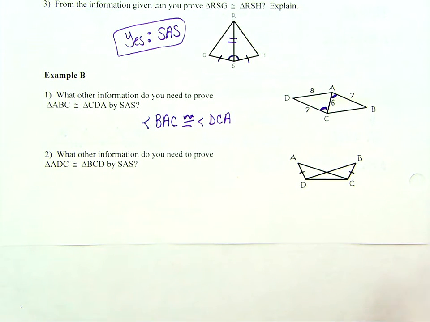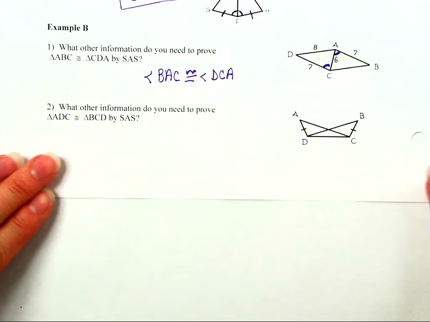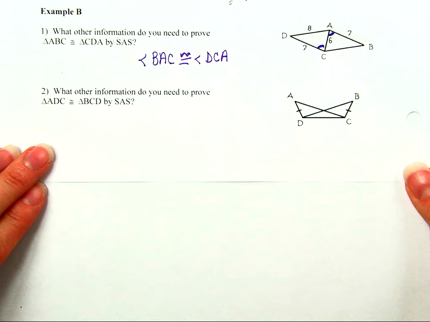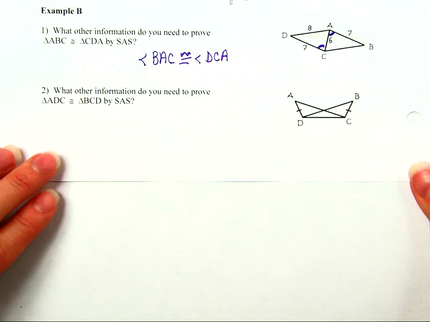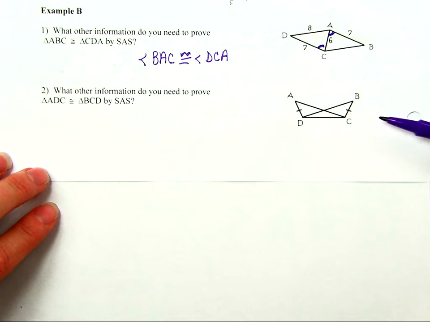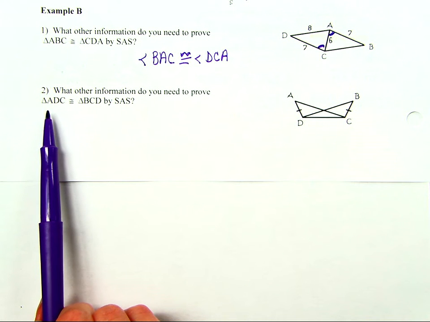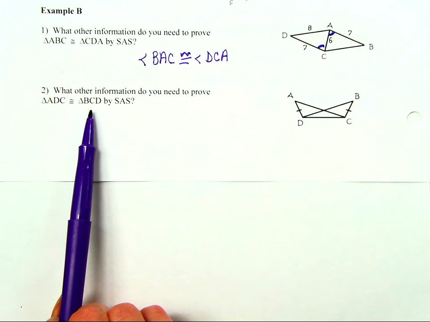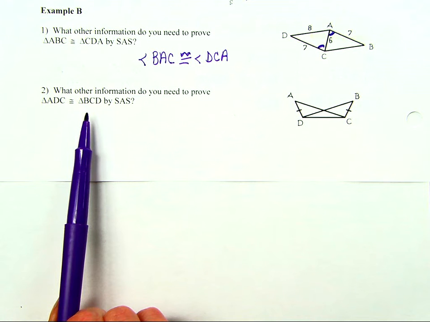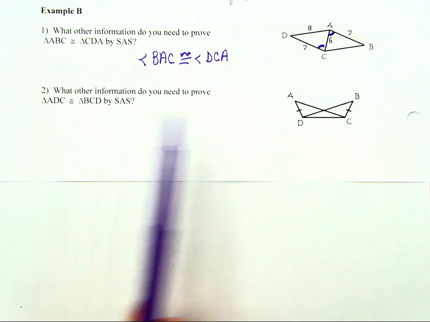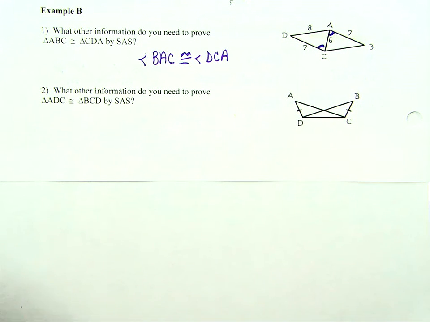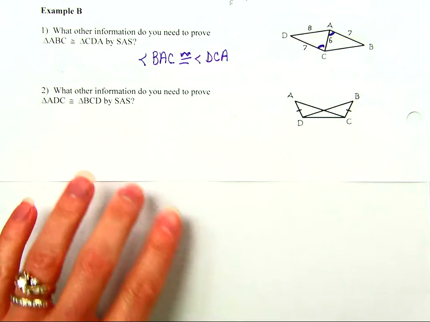In question number 2, I see they're asking me to prove triangles congruent by SAS. Now in this type of diagram, I see many triangles. And so I need to make sure that I go over to my statement and see which ones they are talking about. They want triangle ADC and triangle BCD. A lot of times I will take a diagram like this and I will use a highlighter to outline my triangles.